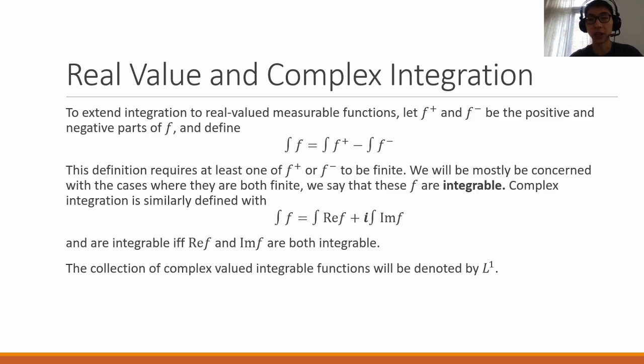Of course, there are certain technical conditions, such as one of them has to be finite, so we do not have subtraction of infinities. In the case where both functions are finite, we say the function f is integrable. Complex integration is extended in a similar manner, and integrable complex functions are functions where both the real and imaginary parts are integrable. We denote the set of all complex integrable functions as L1.